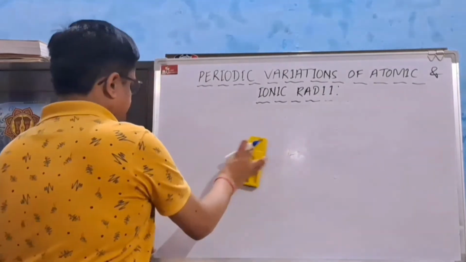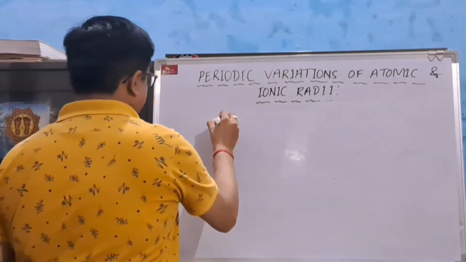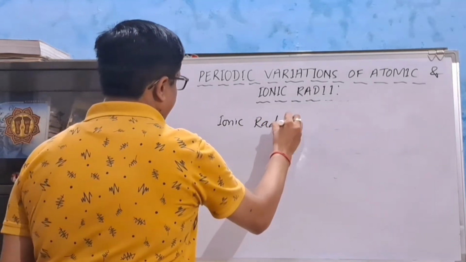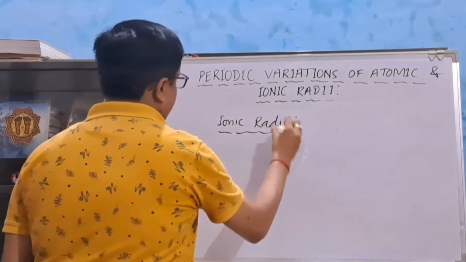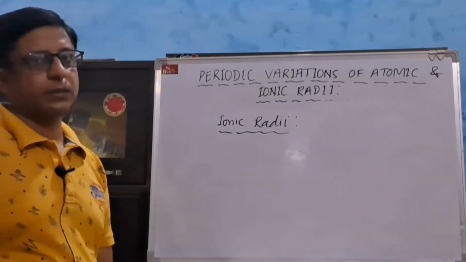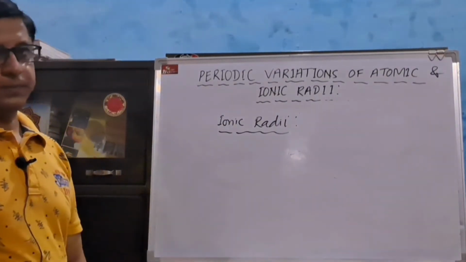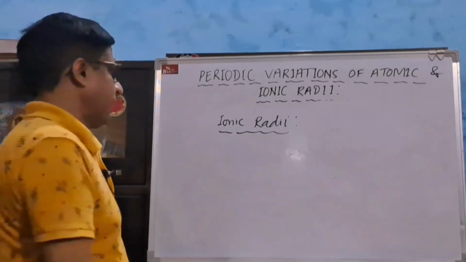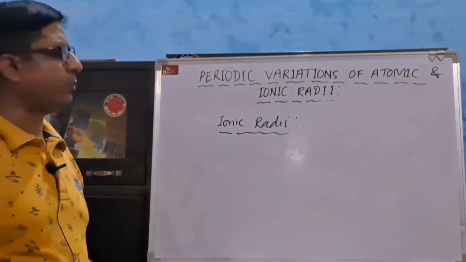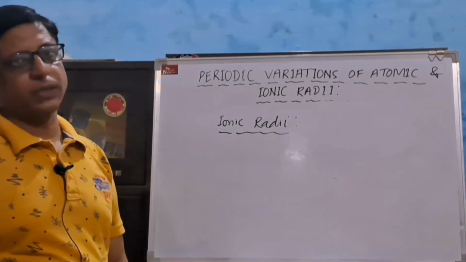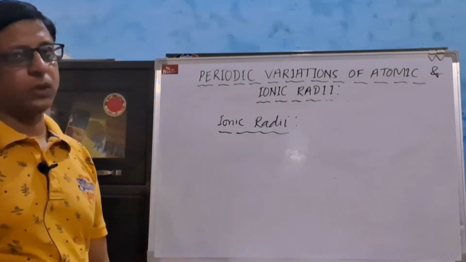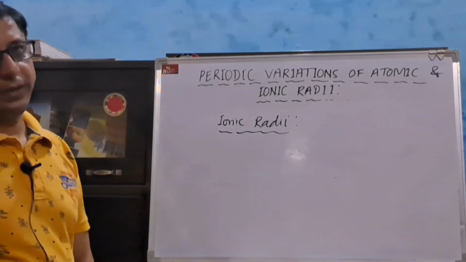Next, I shall define ionic radii. In case of ionic crystals or ions, the distance between the nucleus of an ion and the point up to which the nucleus has its effect on electron clouds is known as ionic radii.